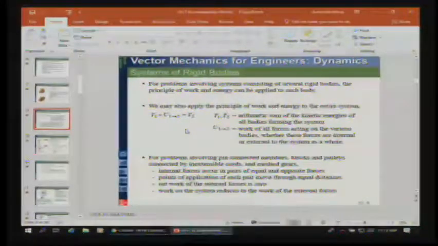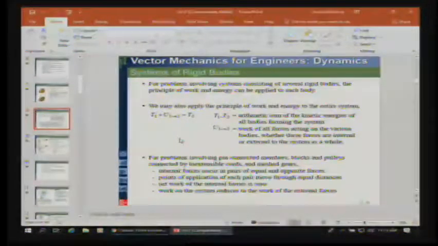It's no less true than it was when we started talking about this. So T1 and T2 are the arithmetic sum of all of the kinetic energies, and U from 1 to 2 is the work of all the forces acting on the various bodies, whether those forces are internal or external.